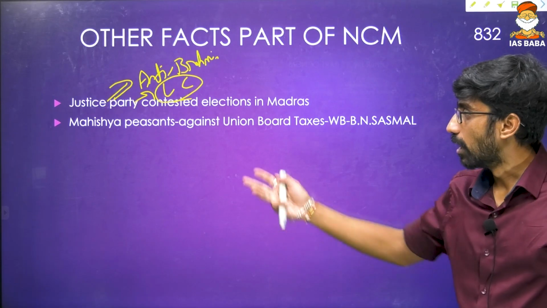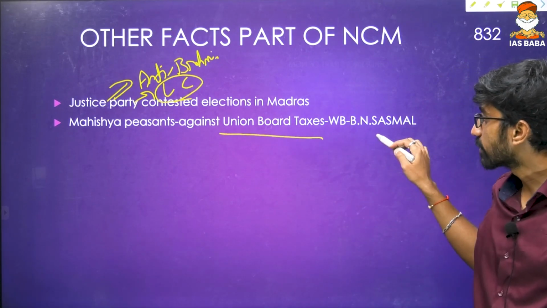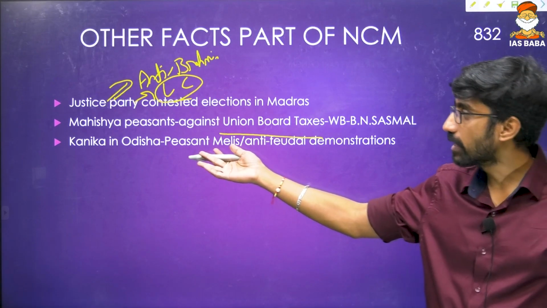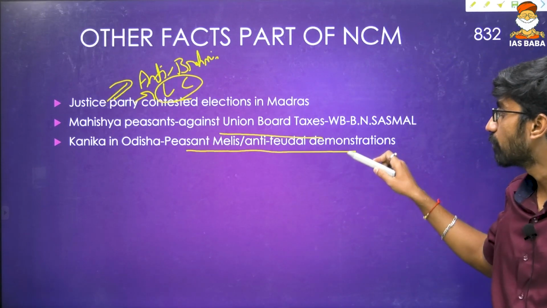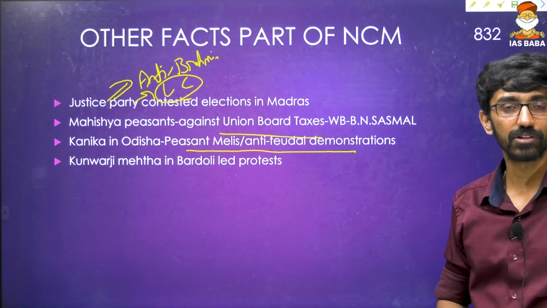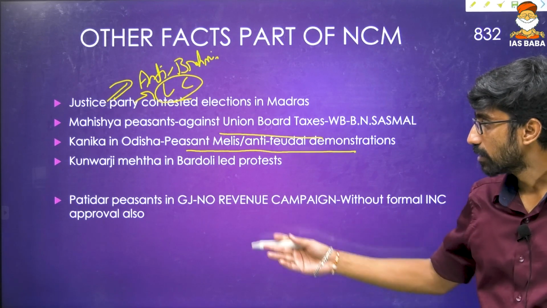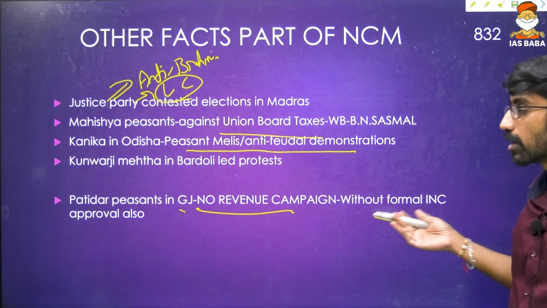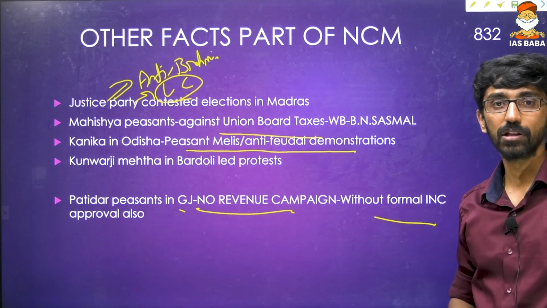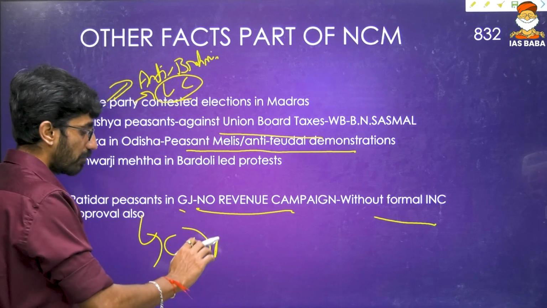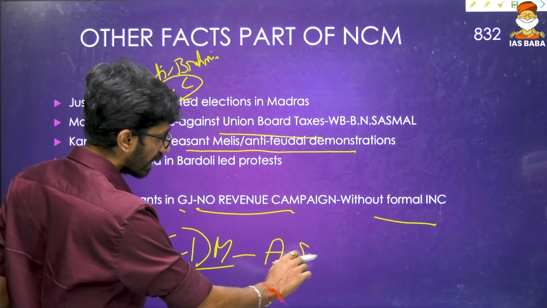And again, Mahishya peasants protested against Union Board taxes in West Bengal, led by B.N. Sasmal. And in Kanika in Odisha, peasant melas or anti-feudal demonstrations happened. Then Kunvarji Mehta in Bardoli led protests. And the Patidar peasants in Gujarat had already started a no-revenue campaign without formal INC approval, because they were waiting for INC's approval of the civil disobedience movement, which was given at the Ahmedabad session in 1921.